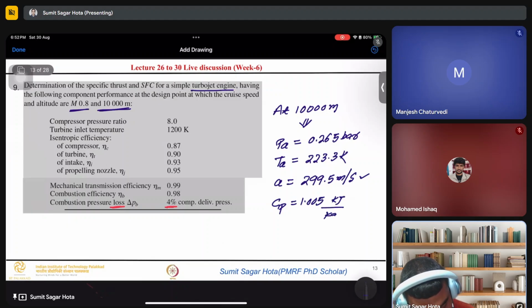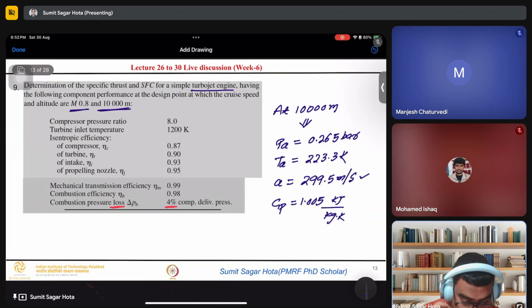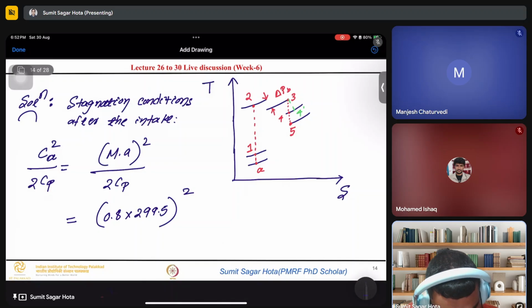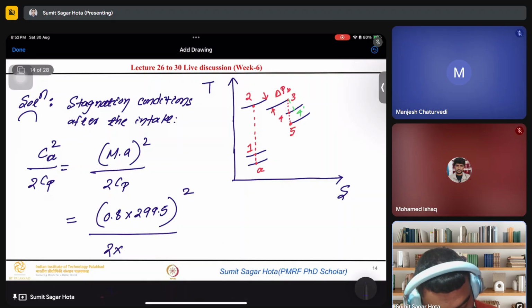We need to convert into SI units, so just multiply by 1000 so that it will be joule per kg Kelvin. If you solve it, you will get 28.6 Kelvin.